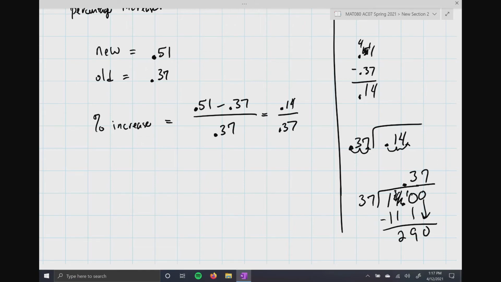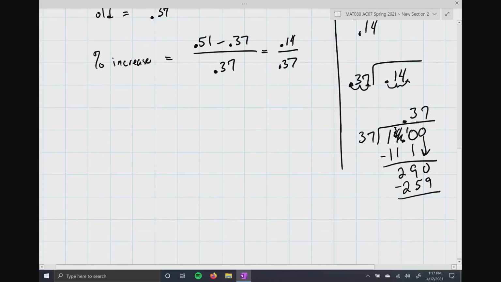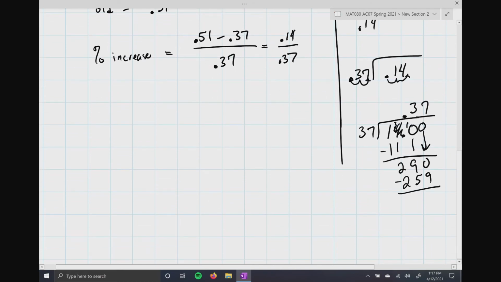Give me a sec. I'm hitting the wrong buttons all over the place. 259. And we'll go 1 more decimal just so I can round. So I got to borrow again. It's going to be a 1. That's going to be a 3. Put a 0, drop it down. All right, and that's an 8. Good.